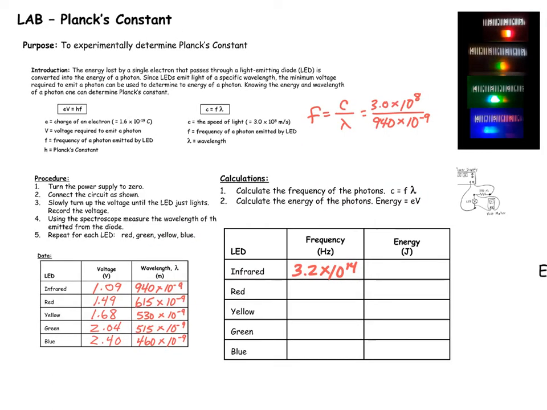Now, to calculate the energy of the photon, we have energy equals E times V. E is the charge of an electron, and V is the voltage.